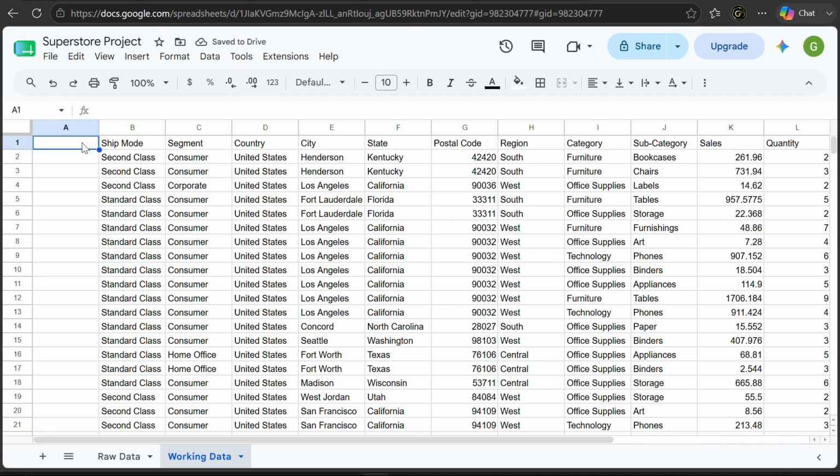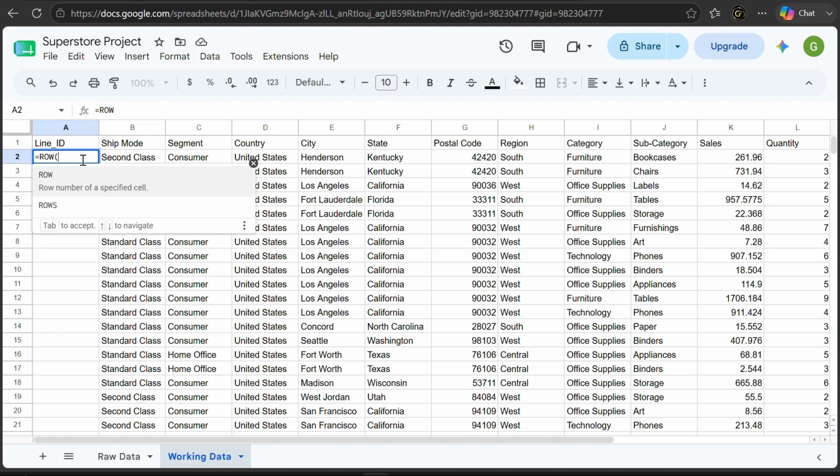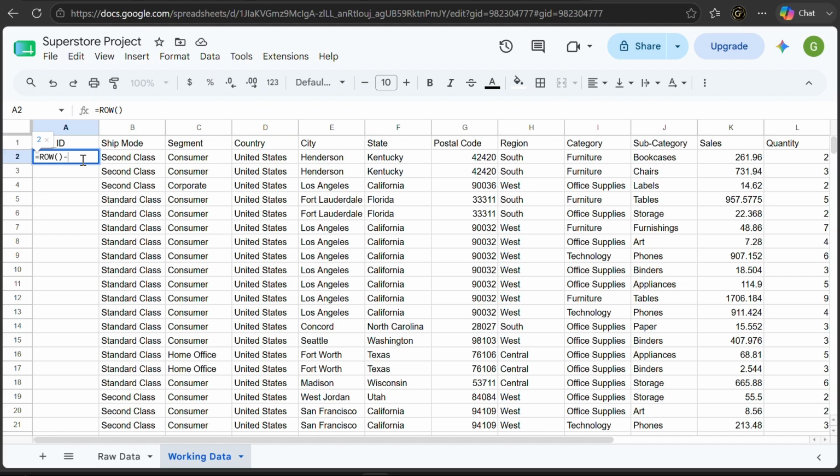This column I'll call Line ID, and then I'm going to use equals ROW, minus 1, to subtract 1 from it, and then enter.